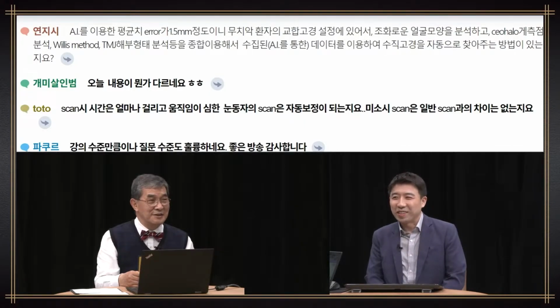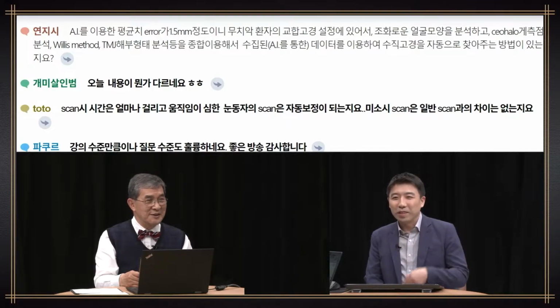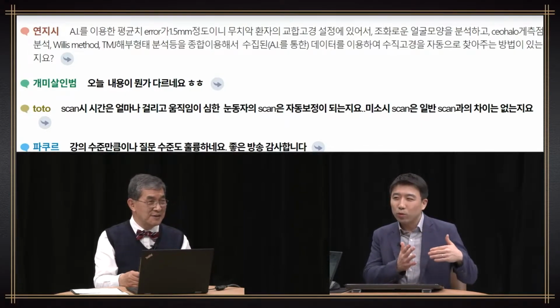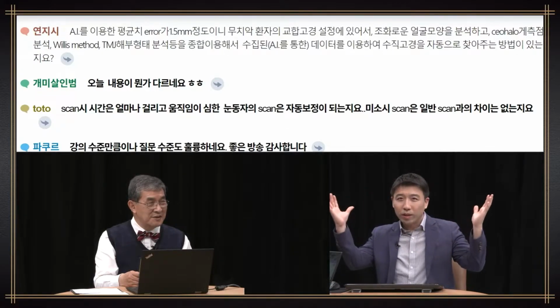Unless you're a trained actor, it will be very difficult to maintain that smile throughout the duration. There's a method called photogrammetry, where several cameras are synchronized and images are taken from different directions at once, and I believe because it takes only a short period of time, it may be possible. Because there are factors where the patients feel uncomfortable, you need to consider that.